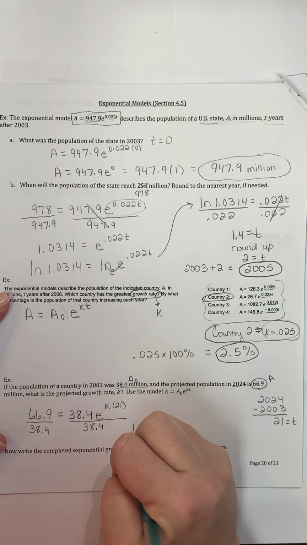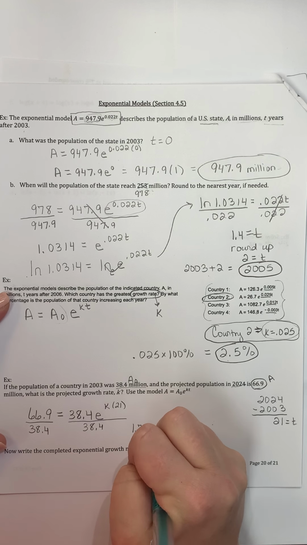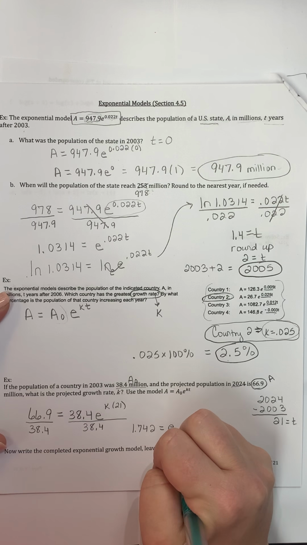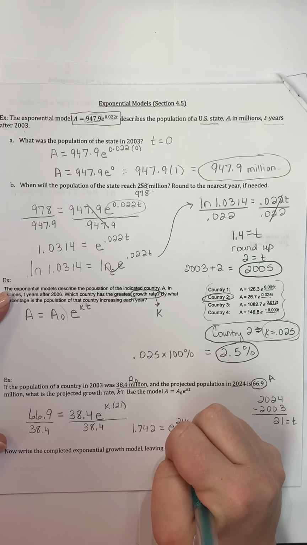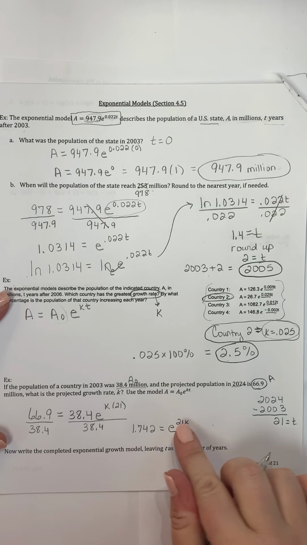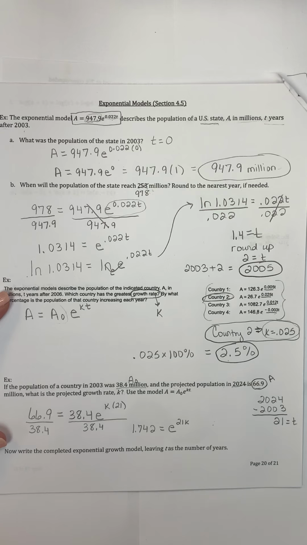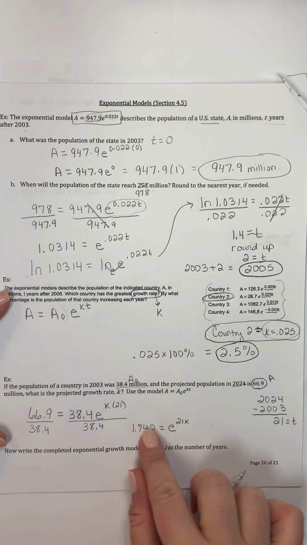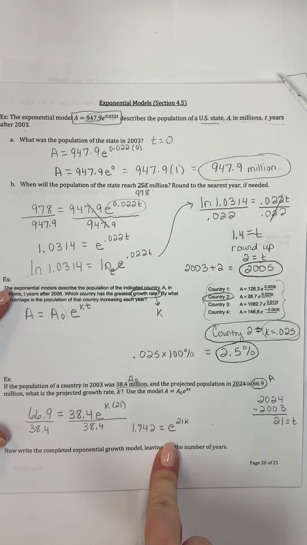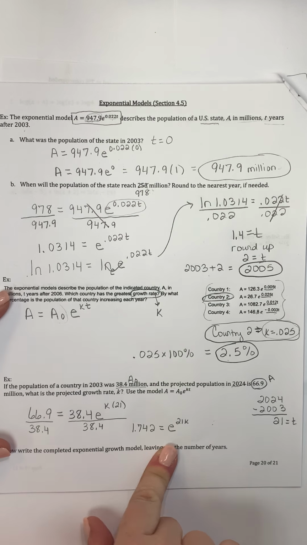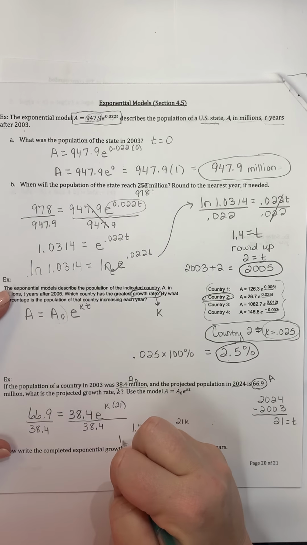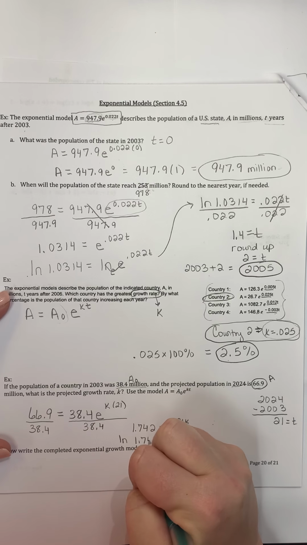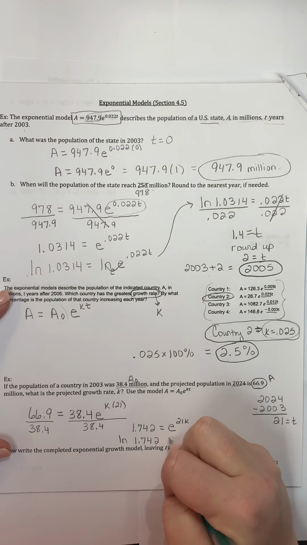This is going to give us 1.742 equals E to the 21K. We had K times 21, I just wrote it over as 21K. Okay, now we have an exponential equation that's been isolated. Now we need to take the log of both sides. But again, since I'm using E, I'm going to take the natural log of both sides.